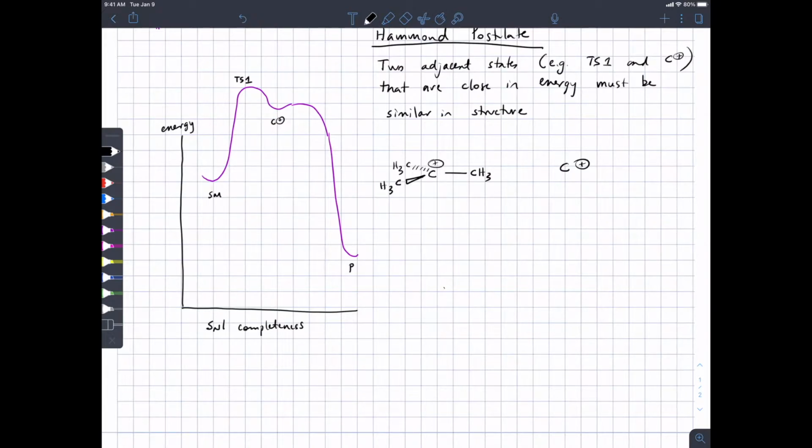In the transition state, the bond between carbon and the leaving group is lengthening, which I'm representing with this dotted line. We'll put this whole thing in brackets with a double dagger to indicate that this is transition state 1.